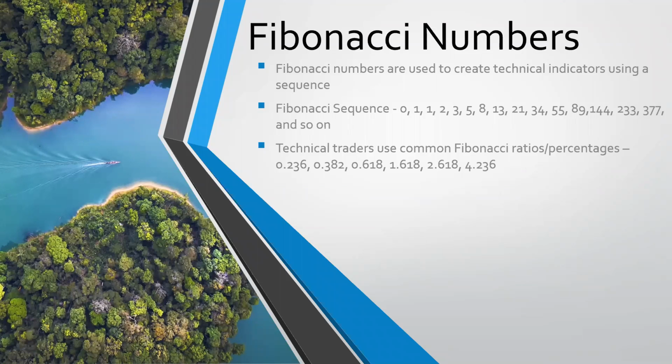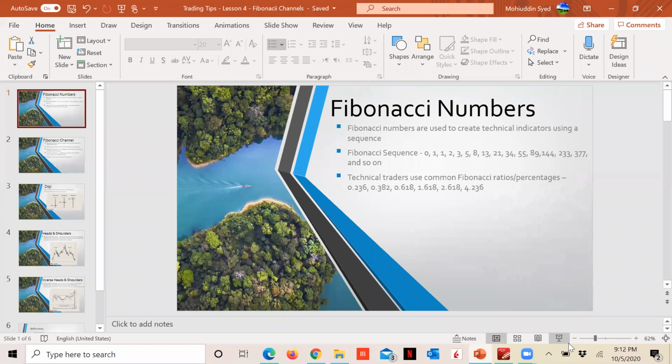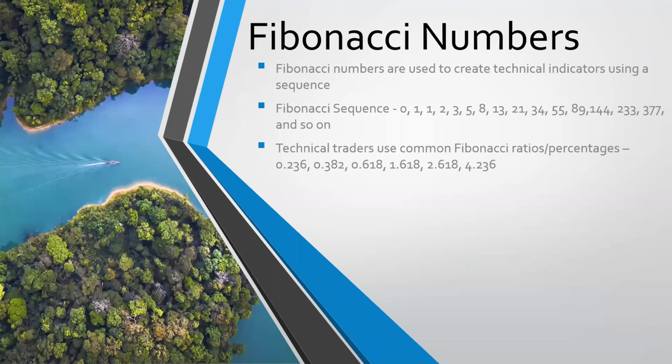It's a mathematical sequence of the numbers that you see on the screen, and technical traders use these Fibonacci ratios and percentages for the technical analysis. So we covered last time Fibonacci retracement.